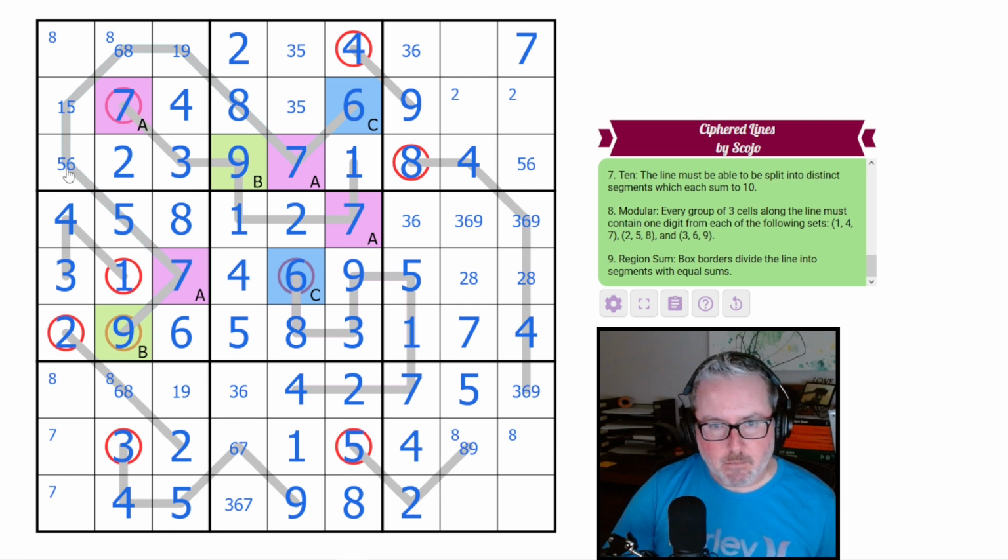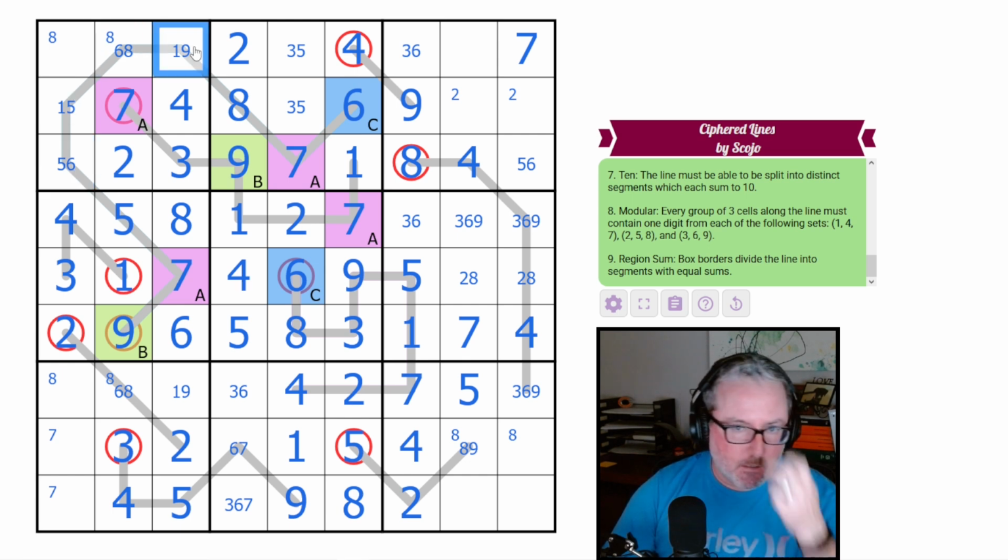Is there maybe some minimum? 6, 1 and 5, that's 12. Obviously, that's not enough. But if we did put a 1 here, we could have 1, 8, and 9, which is 18, which would get us high enough. It doesn't have to be 8, 9, it could be 6, 9.